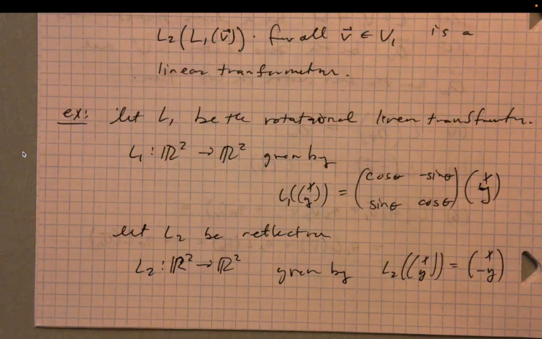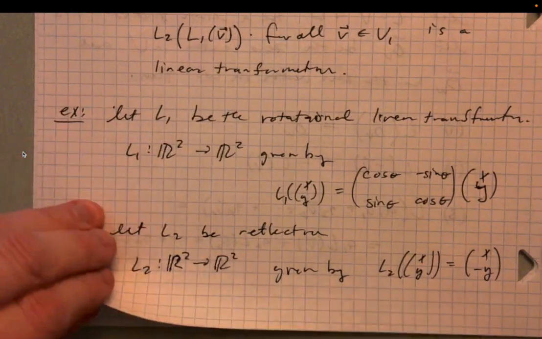Okay, so this is going to flip the vector across the x-axis. All right, so we've got two linear transformations here: a rotation and a reflection. Now the composition, according to the previous theorem, ought to be a linear transformation as well, right? So let's talk about what that thing looks like.